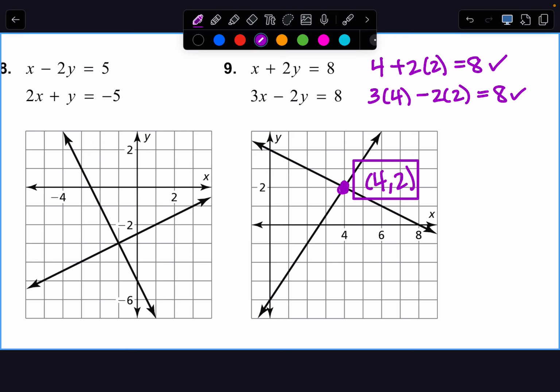Okay, that's good. What's really nice about what we're doing all week, all the way until Thanksgiving break, is you can check your answer to see if you're right. Because the coordinate that you get, x comma y, you can plug it into both, and if it works for both, you have the right answer. Isn't that great? I think it's great.